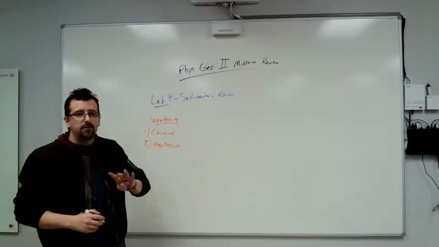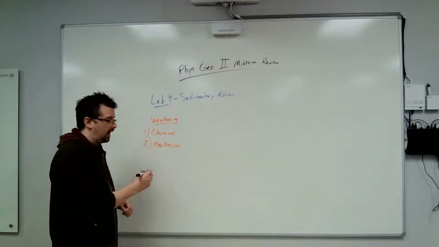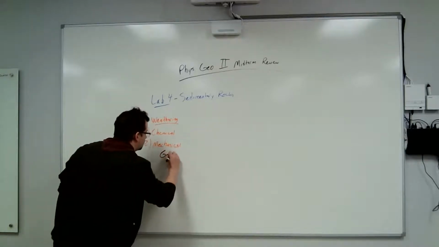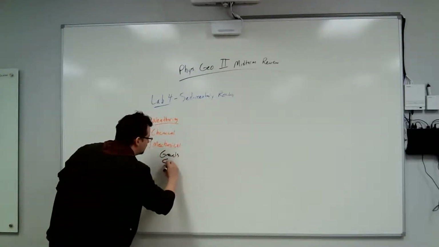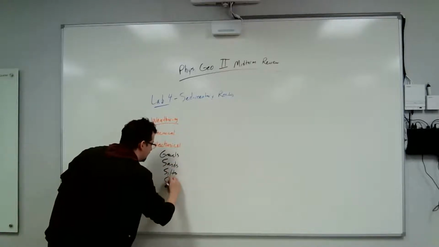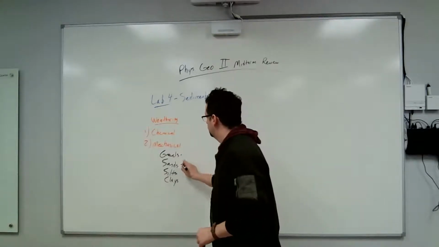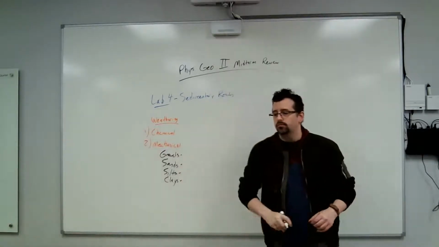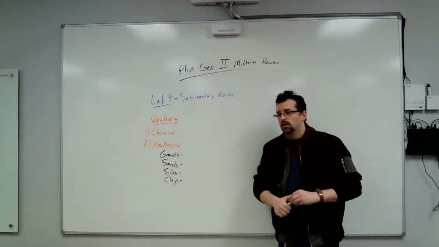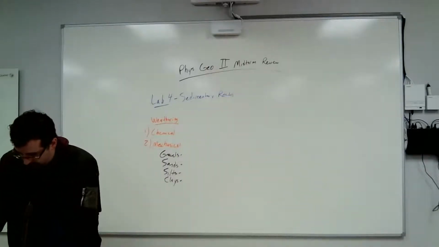So we have four different sizes of clasts: gravels, sands, silts, and clays. Gravels, sands, silts, and clays. These are the four different sizes of clasts.